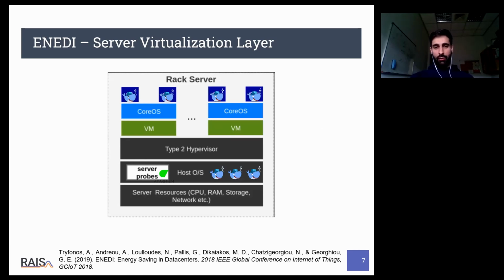So if we zoom in on that server, each physical server is a type 2 hypervisor, where on top of that we can create multiple VMs, and we can have our containers running either within the host operating system or within the VMs that we have.